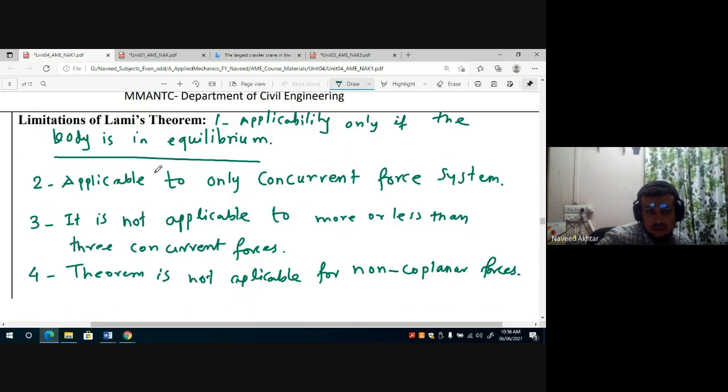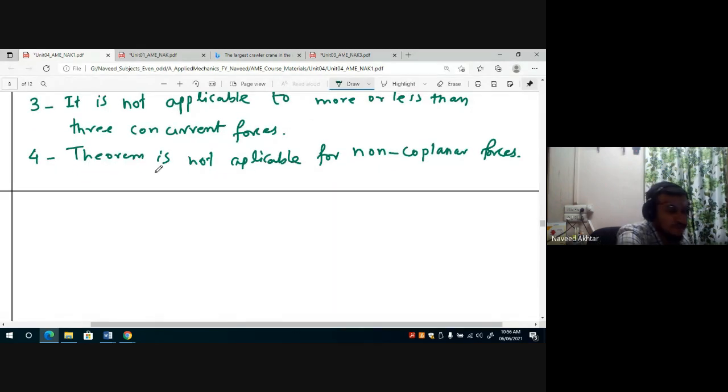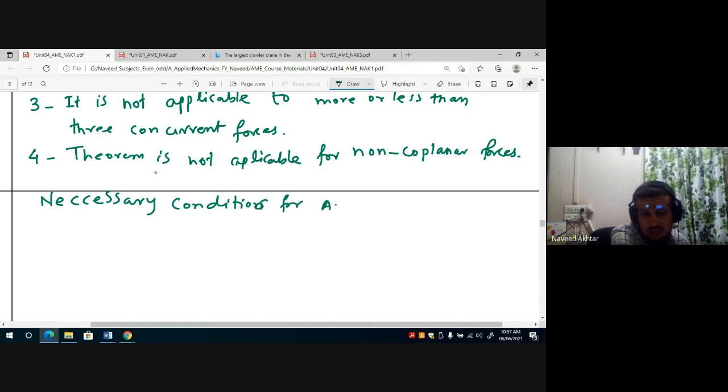Now there are necessary conditions for application of Lami's theorem. तो क्या है Lami's theorem? तो हमको मालूम है.